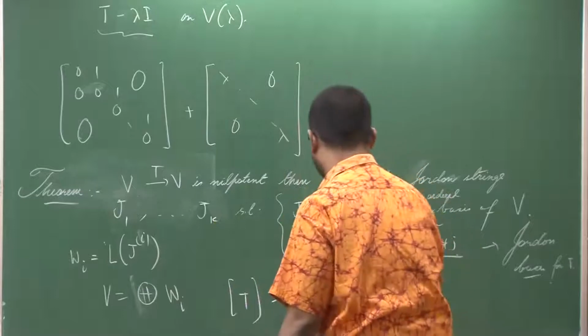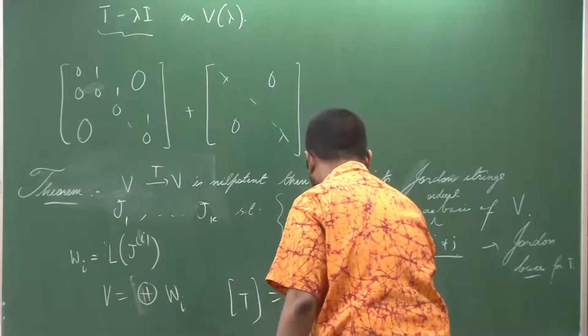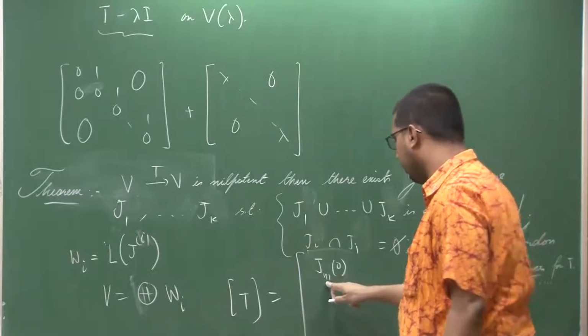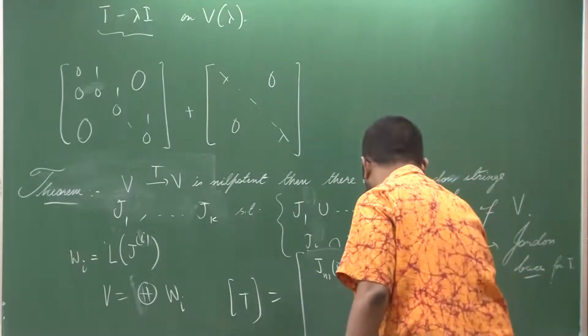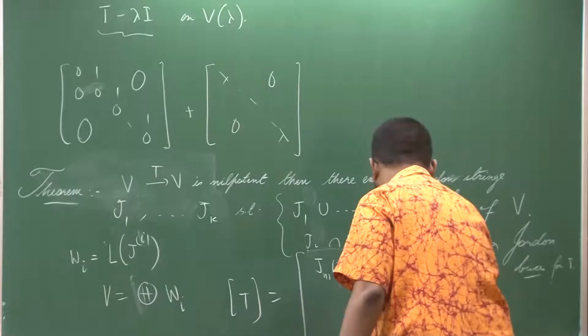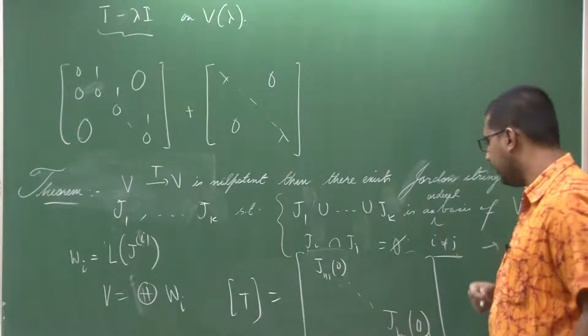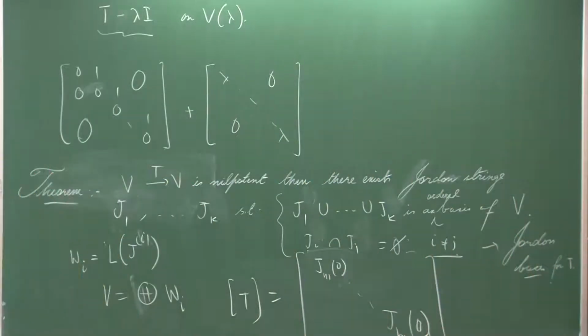So first you will have a Jordan block corresponding to 0 having size n1, where ni is the size of the corresponding string.